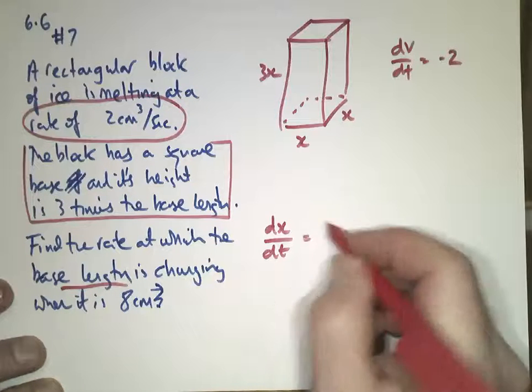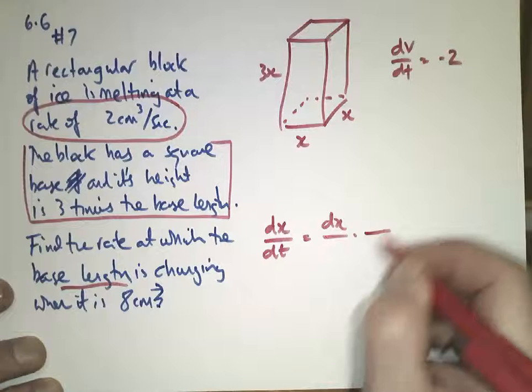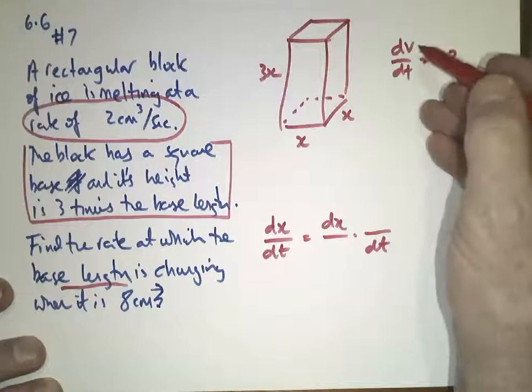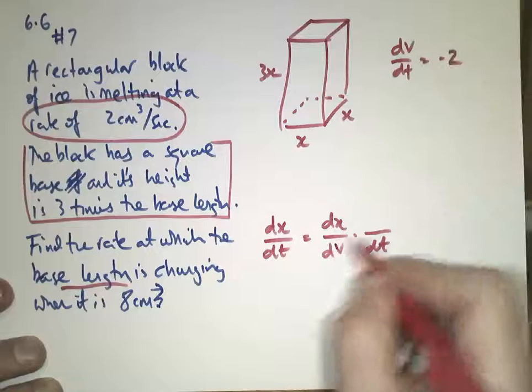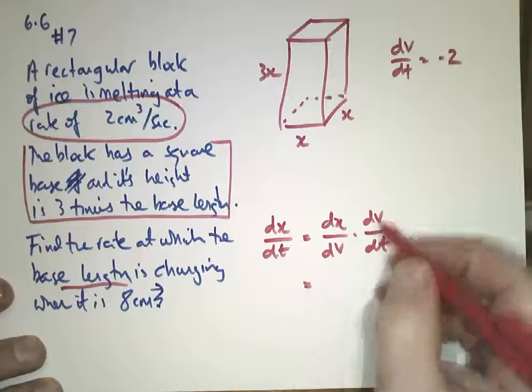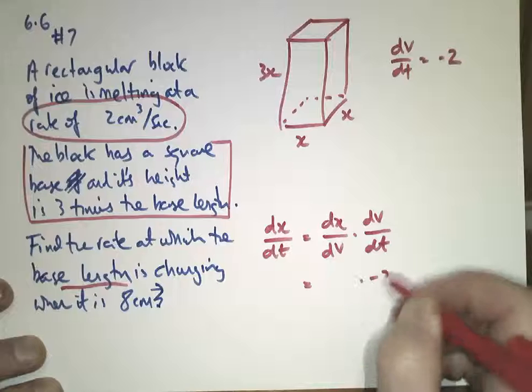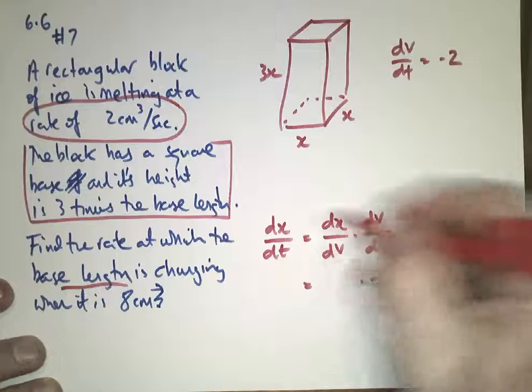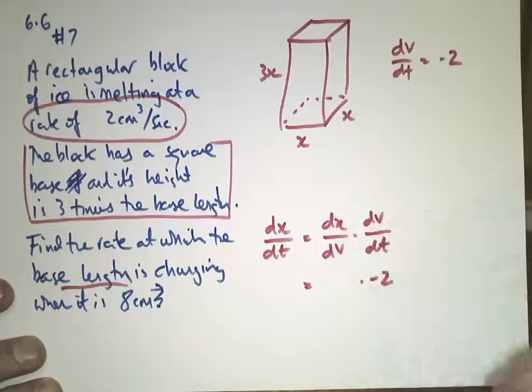My chain of derivatives will be dx/dt equals dx/dV times dV/dt. I've been given information about volume, and I know that dV/dt is -2. I need a formula that's going to connect volume to x.